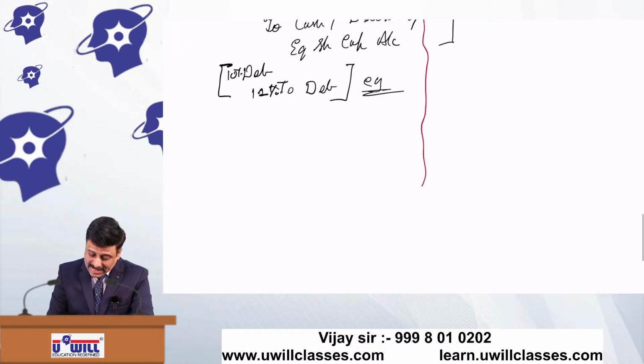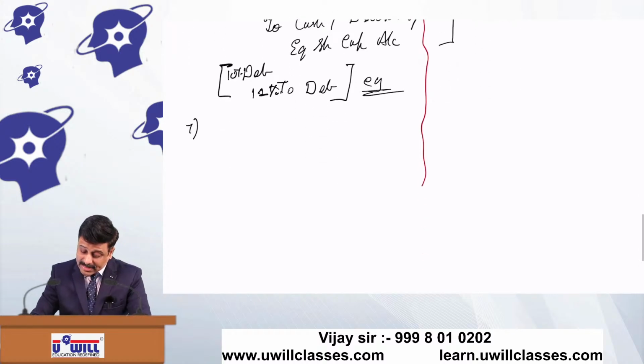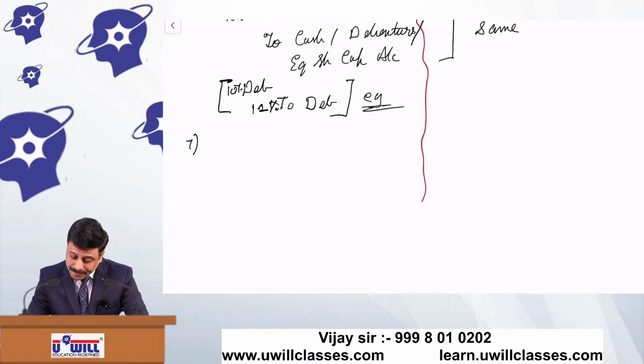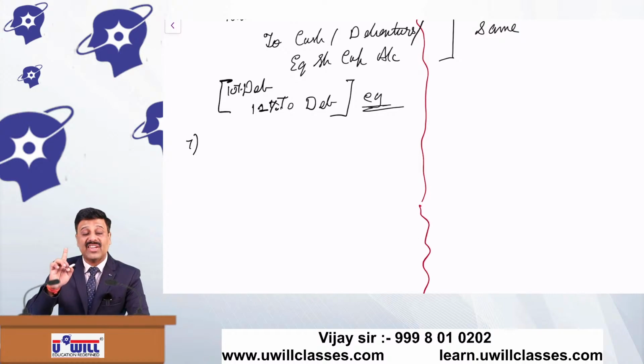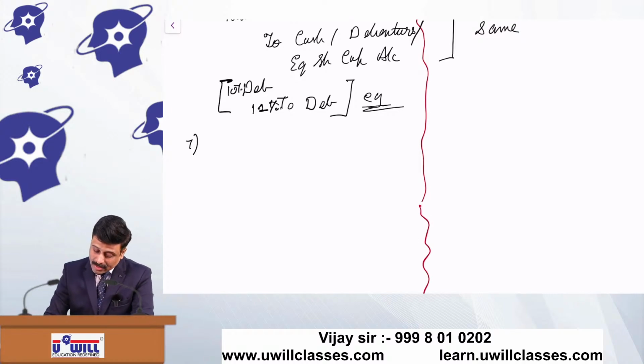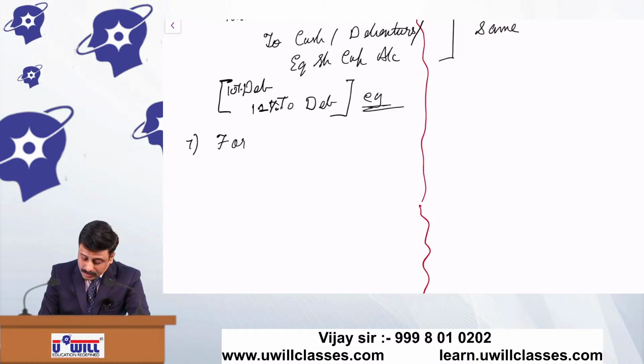And lastly, last entry, again as I said, all these entries will be there 4, 5, 6, 7 only if specific information is given in the question. So for preliminary expenses, what are preliminary expenses? See, new company is formed, AB Limited.